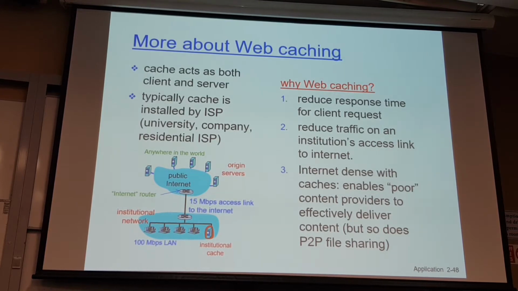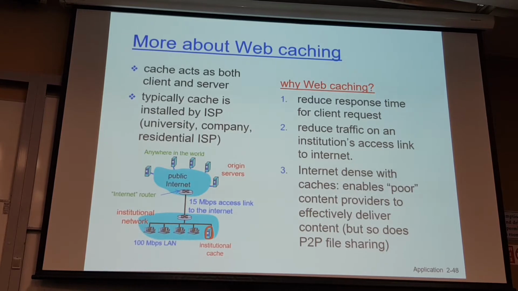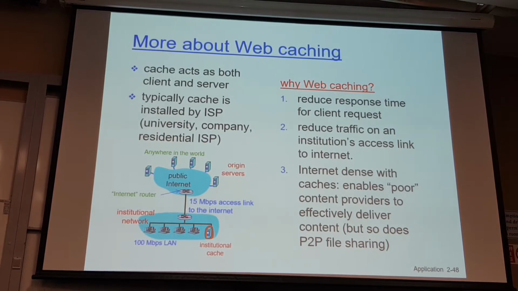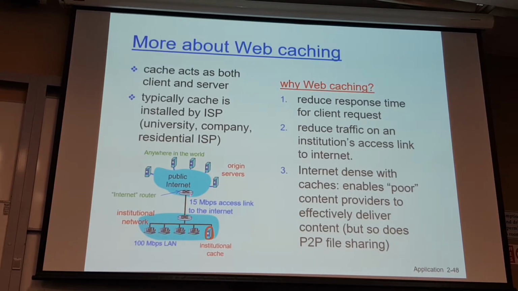The price they pay is typically commensurate to the amount of traffic they exchange with that ISP. But we can see here that the local area network is relatively fast. The bandwidth is 100 megabits per second. But between this gateway router and the next router that connects to the public internet, you have this access link, which is only 15 megabits per second.